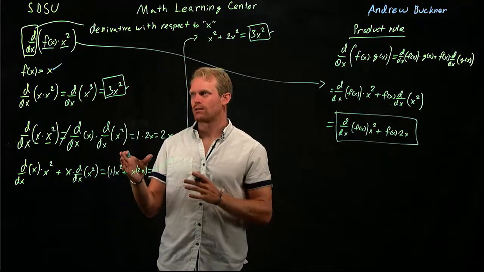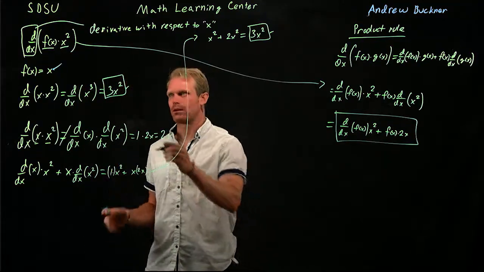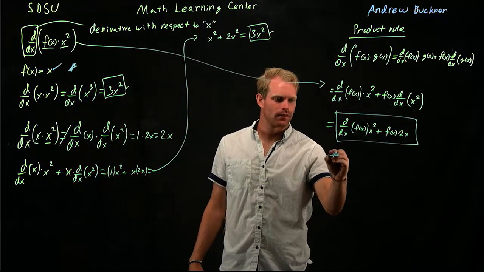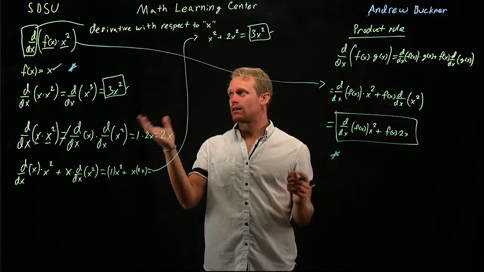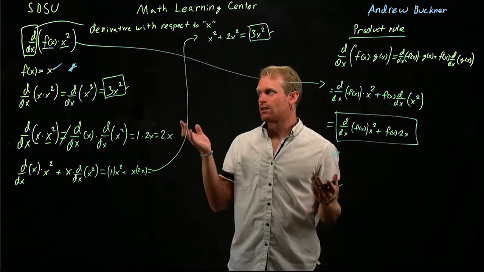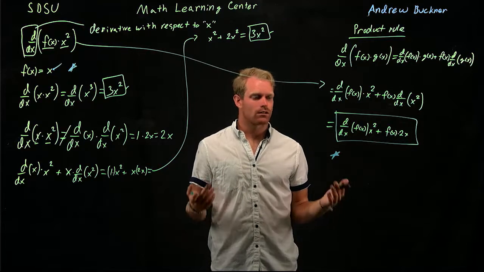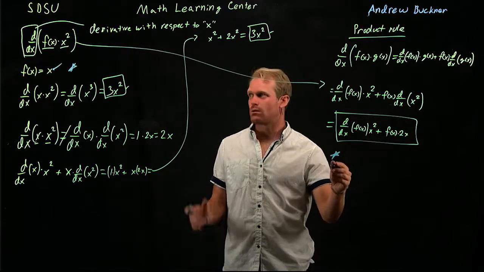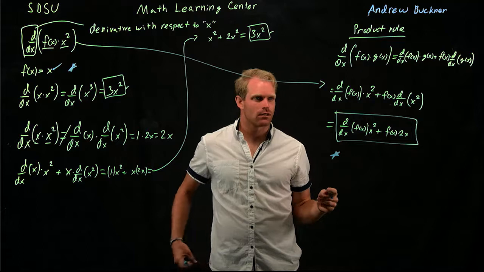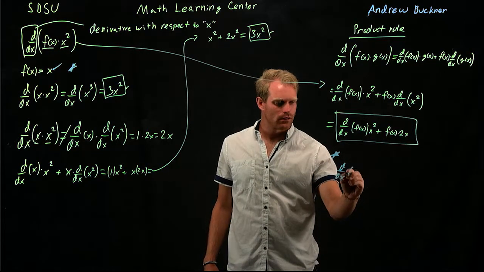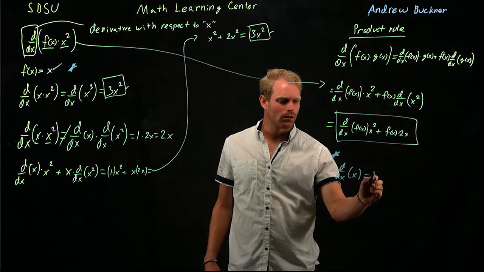This is a way to make this problem look a little more familiar. So I'm going to move this down here, and I could have chosen anything. I could have chosen f of x to be x squared. I could have chosen it to be x cubed. But the reason why I chose x is because when you do the power rule of x, we just get 1.